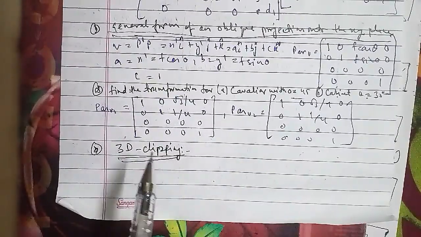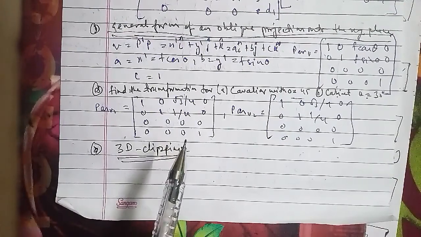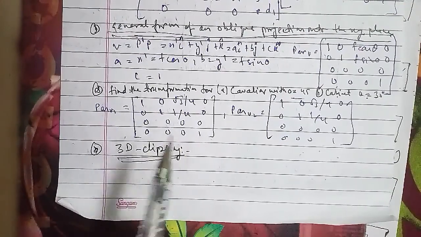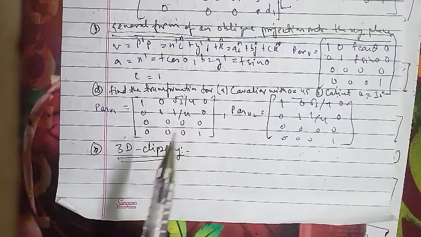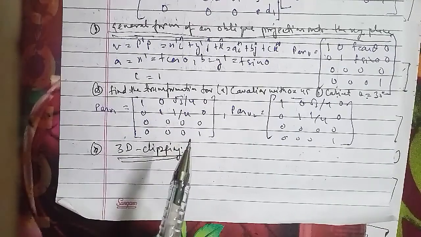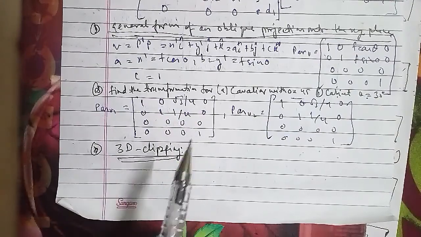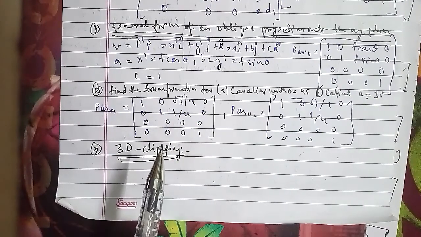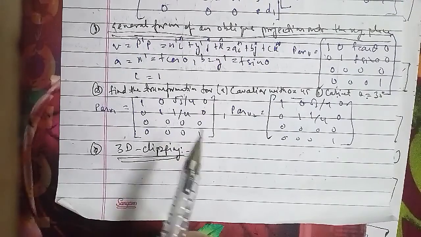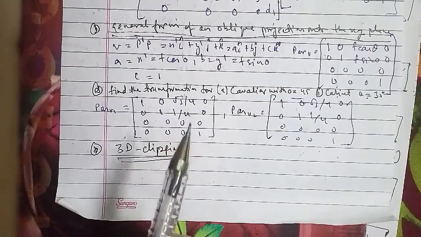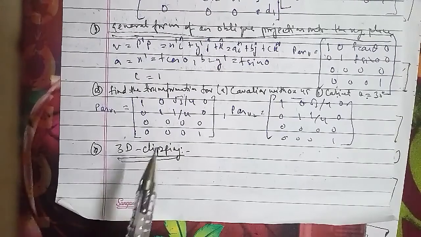In 3D clipping, an algorithm for three-dimensional clipping identifies and saves all surface segments within the view volume for display onto the output devices. All the parts of the object that are outside the view volume are discarded, and clipping in 3 dimensions can be accomplished using extensions of the 2-dimensional clipping method.